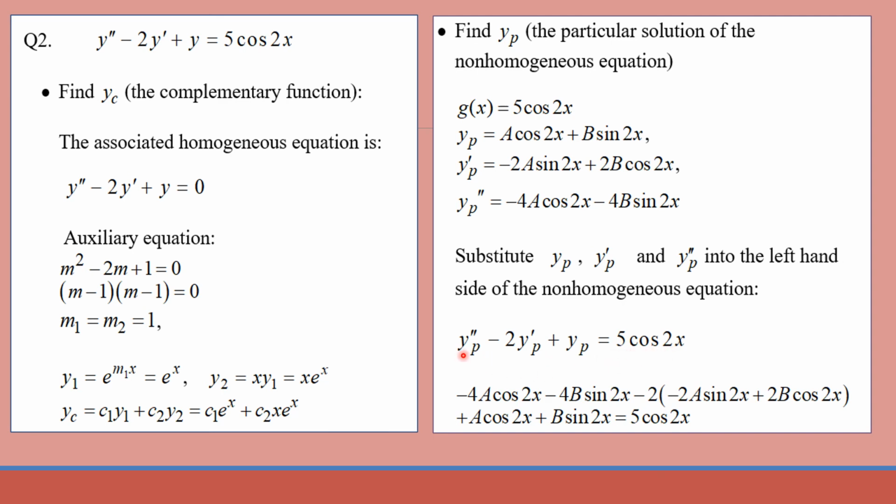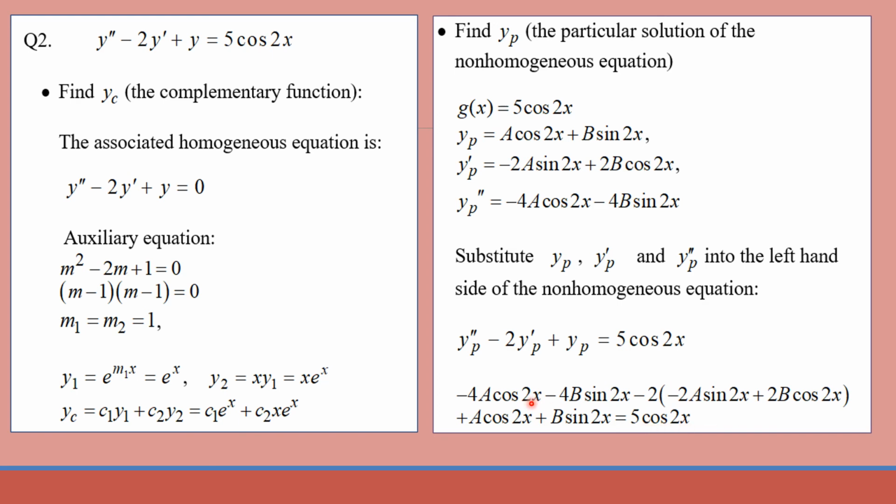Substitute yp double prime, which is negative 4a cos 2x minus 4b sin 2x, into this part, minus 2 times yp prime, so minus 2 times negative 2a sin 2x plus 2b cos 2x, plus yp, so plus a cos 2x plus b sin 2x, equals the right side, which is 5 cos 2x.